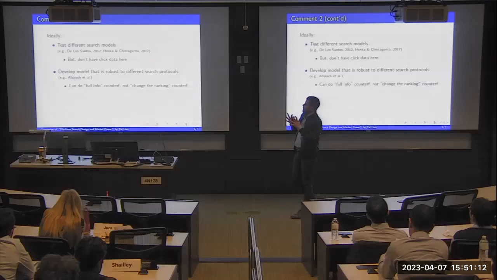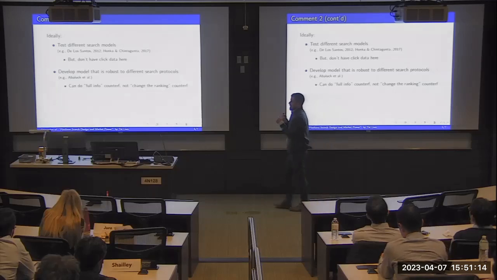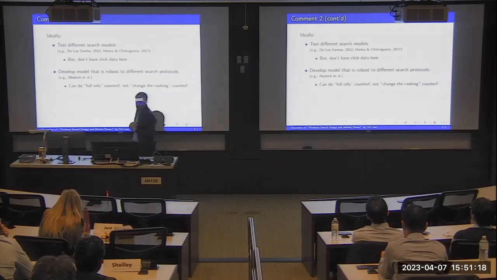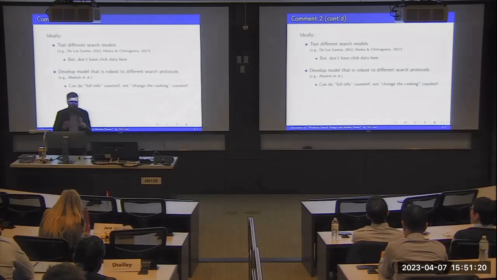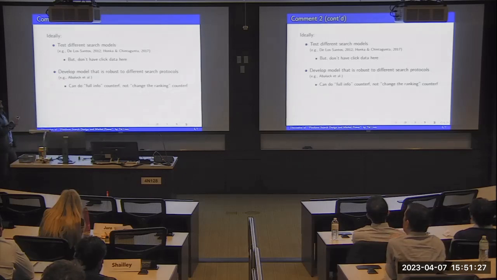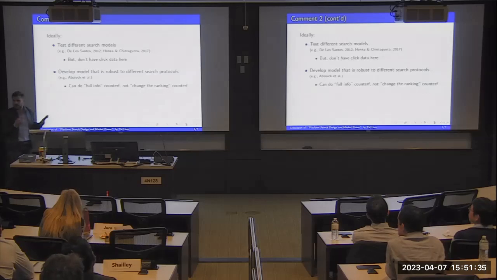So with the goal of trying to assess the robustness of the results to the search model, I think there are a couple of options. I'm thinking about what would be one way to address this. One way would be to test different search models, and we have papers that do this, people in the audience too. But typically these kinds of approaches do require click data, and we don't have that information.